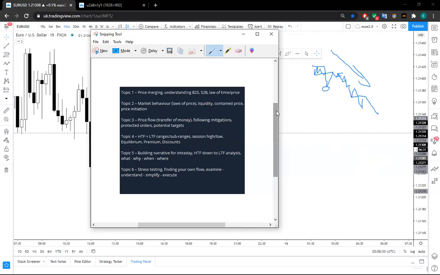To understand how to follow mitigations, you have that range that they create normally, and this range is what we call your B2S, buy to sell. You can see that range bar too, where you see 2 wicks on both sides.